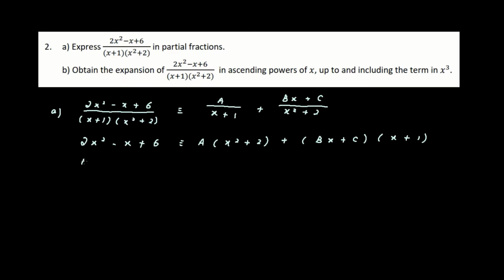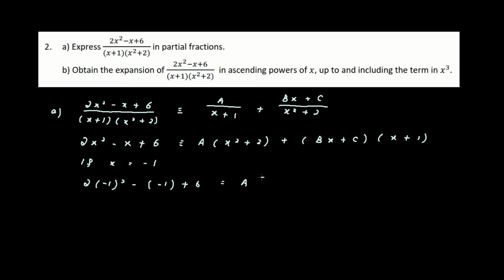So let's try to put x equals to -1 so that we can get a first. So 2(-1) squared minus (-1) plus 6 equals to a((-1) squared plus 2). Sorry, I should use the normal (-1).